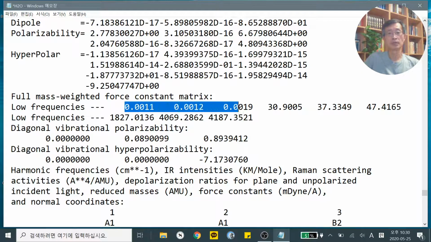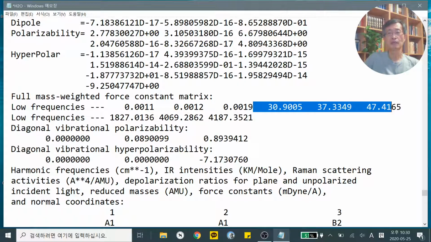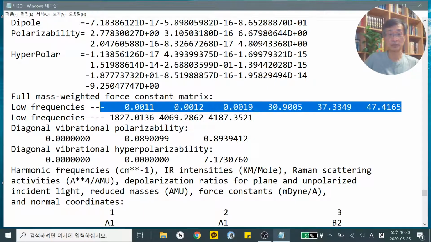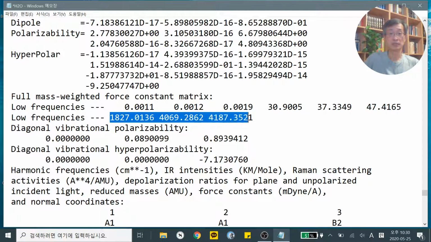So what are the 3 frequencies for? They are not meaningful, but those are for the translational degrees of freedom. And the other 3 are for the rotational degrees of freedom. The rest, the big, high numbers like these, are genuine vibrational frequencies.